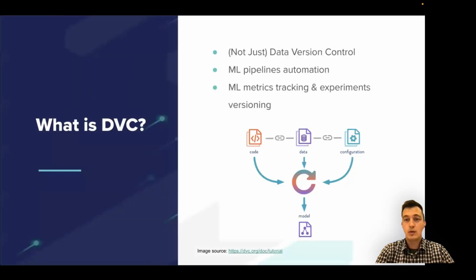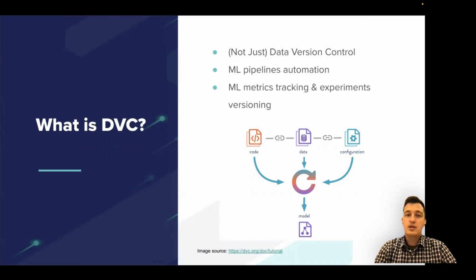So what is DVC? DVC is not just data version control. This is the new title on the DVC website. DVC provides two kinds of functionality. The first one is versioning, and the second one is pipeline automation.